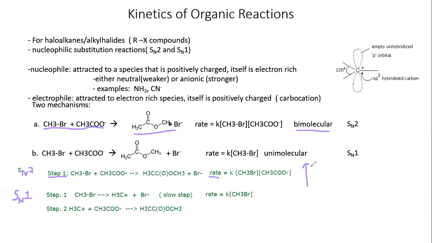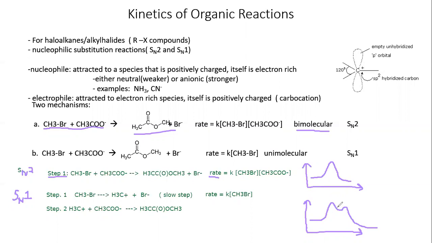So for SN2, and these are all exothermic, it would look like that. There's only one hump because there's only one step. For SN1, it would look like that. There would be 2 humps because there's 2 steps, and the first step is always the one with highest energy.